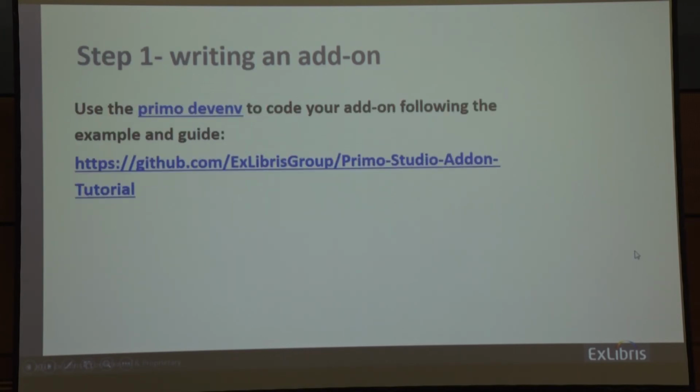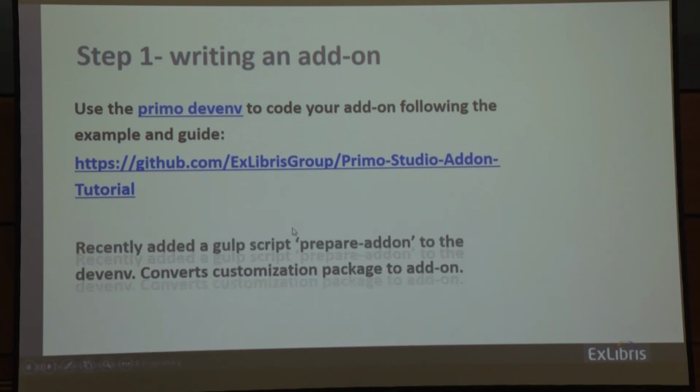So the first step is writing the add-on code, and you could use the Dev Env to code your add-on. There's a nice little example over here. We've just recently added a gulp script to the Primo Dev Env, so if you download the latest version, you should be able to use that.